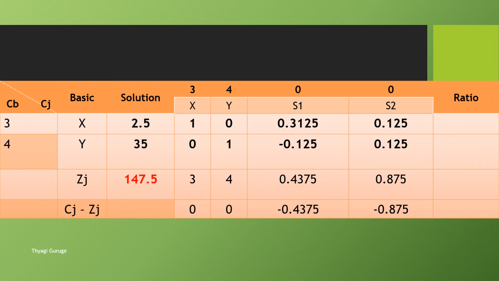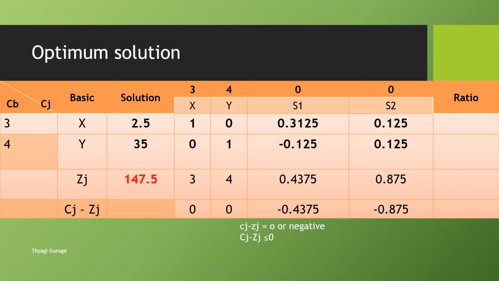Time to check for the optimality. In the optimum solution, the Cj minus Zj values must be 0 or negatives. So here in this table, it is zeros for X and Y. For S1, it is minus 0.4375 and for S2, it is minus 0.0875.